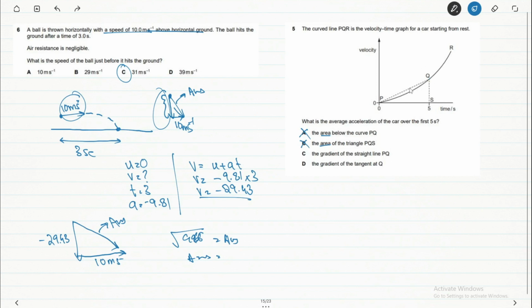It's not the tangent at point Q, because this is the instantaneous acceleration at this specific time. If you want to find the average acceleration, this line would give you the proper gradient and the proper acceleration. So C is the answer.